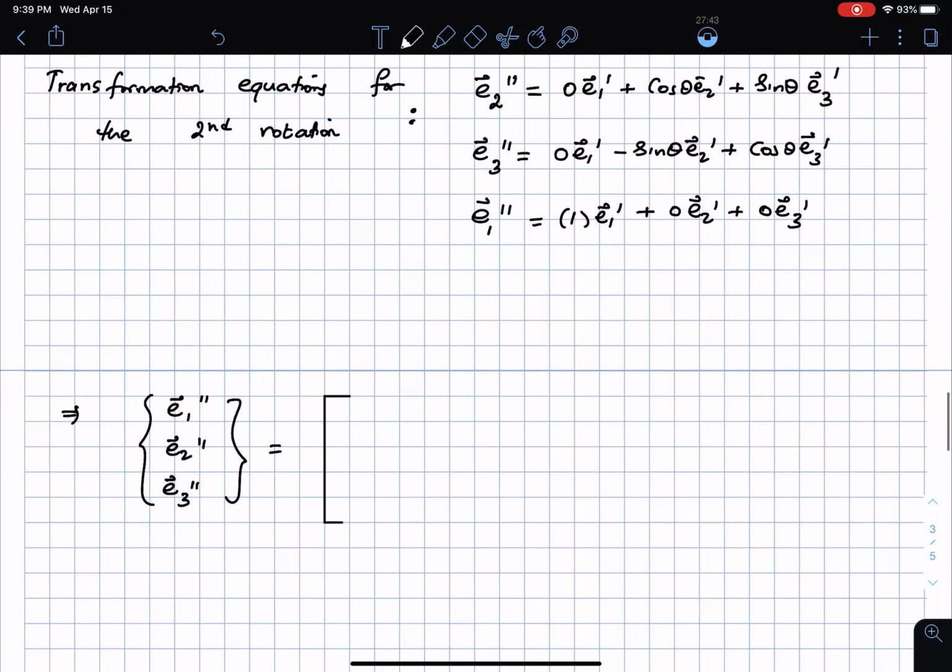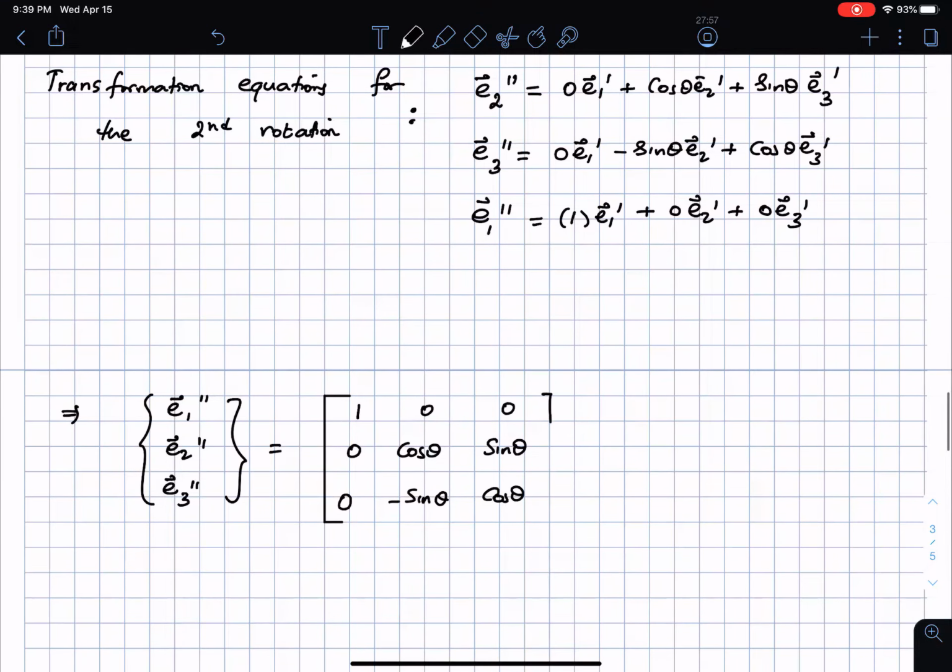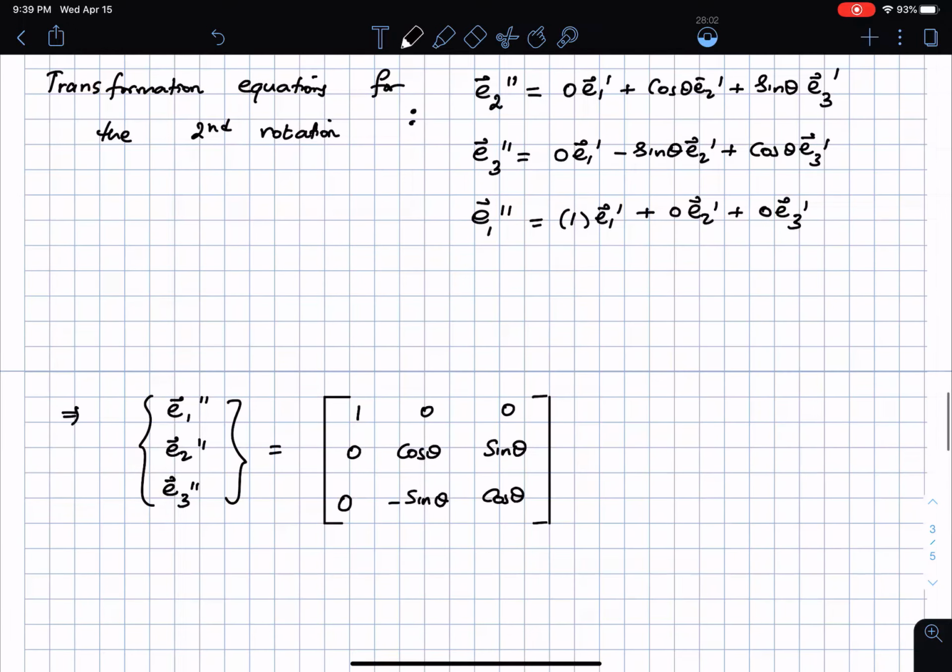This is 1 0 0, 0 cos theta sine theta, 0 minus sine theta and cos theta. And you can see that I have to multiply this by E1 prime, E2 prime, E3 prime.